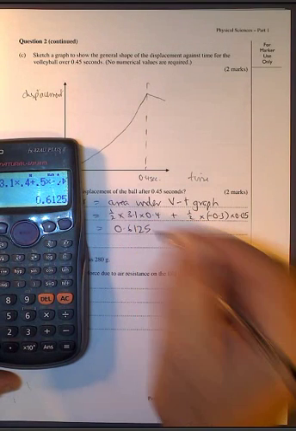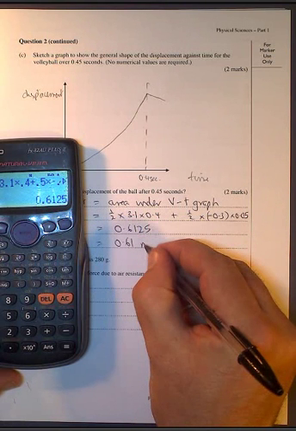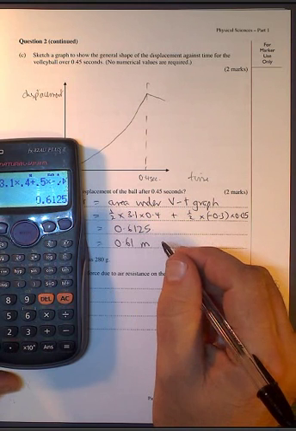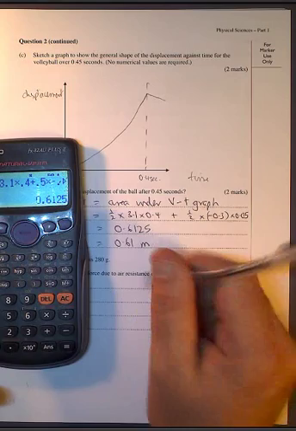So let's go to the nearest centimetre and say 0.61 metres. Good.